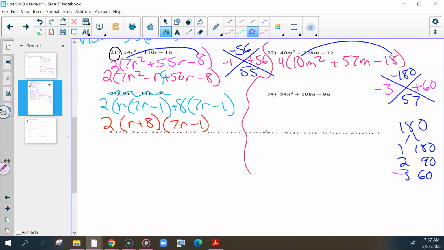And then we could rewrite this into 4 terms. Bring down your GCF. We have 10m squared minus 3m plus 60m minus 18.